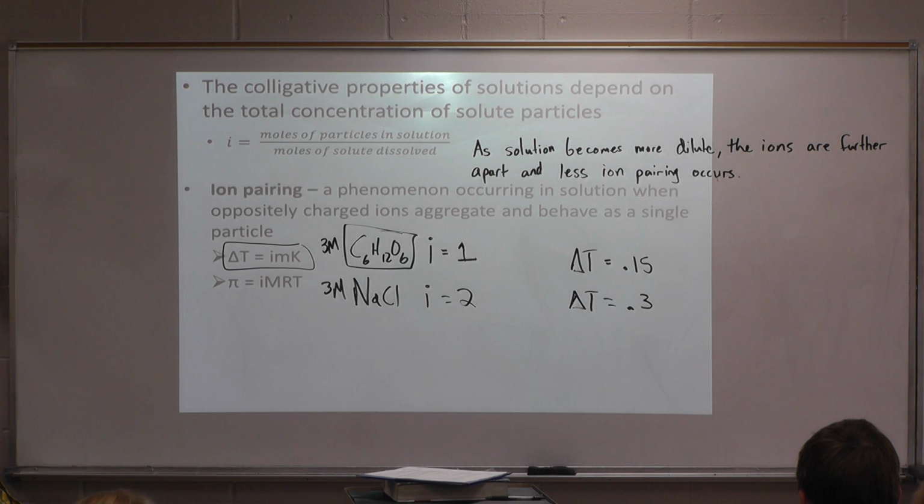And due to sheer entropy and the fact that things want to be in their most random state as possible, that would mean that those particles would be further away from each other, correct? And if they're further away from each other, they're less likely to what? Less likely to pair.